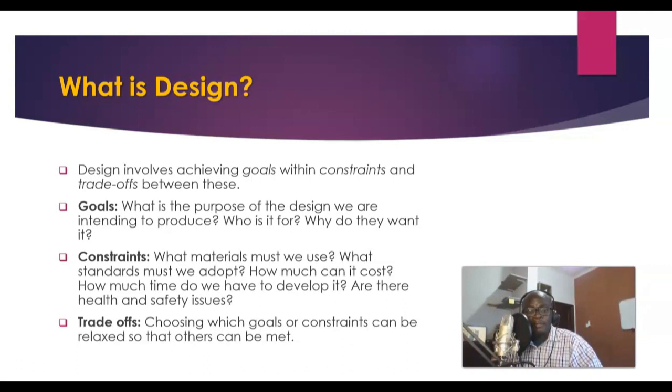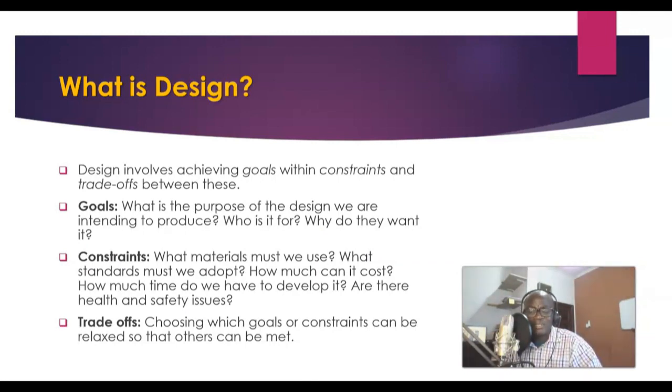Now, there are going to be constraints, things that constrain you from achieving what you may want to achieve. Here we are looking at things like materials, and the questions to answer include, what materials must we use? You can't just use any kind of material. What standards must we adopt?